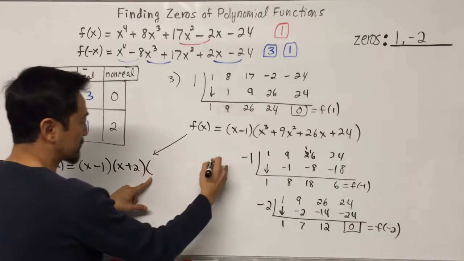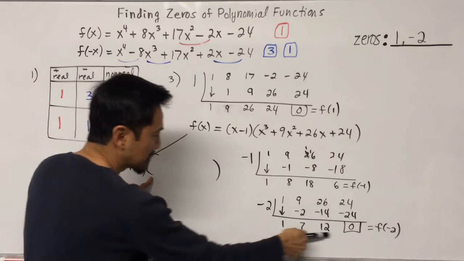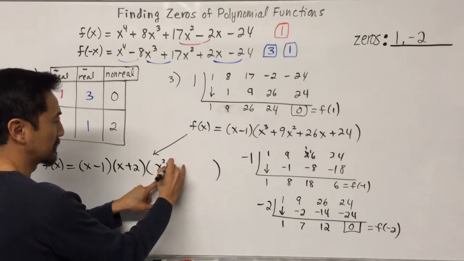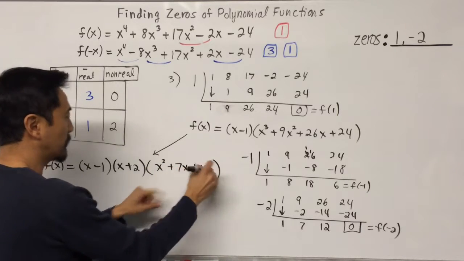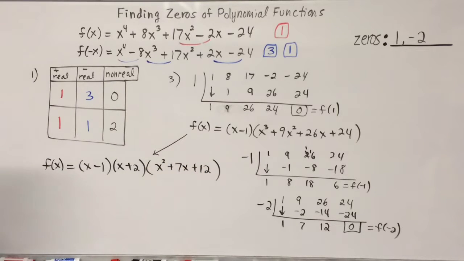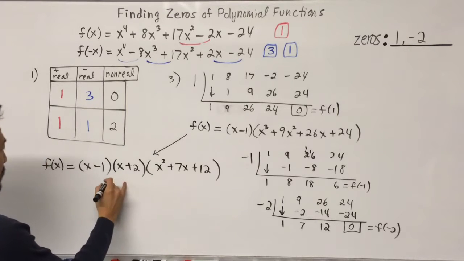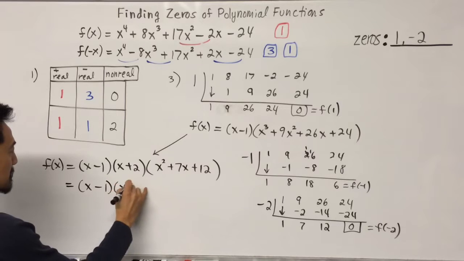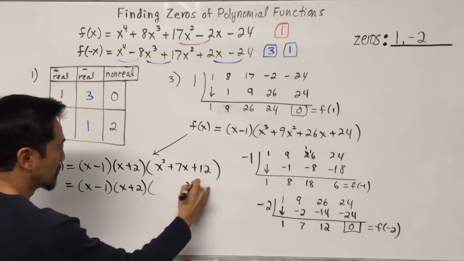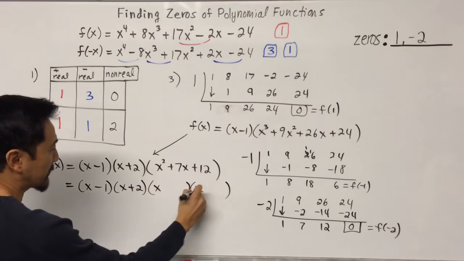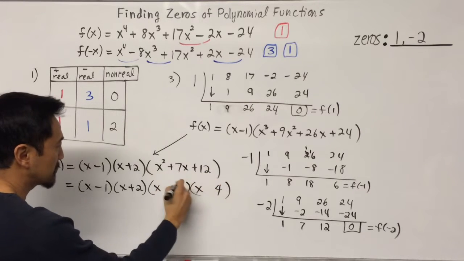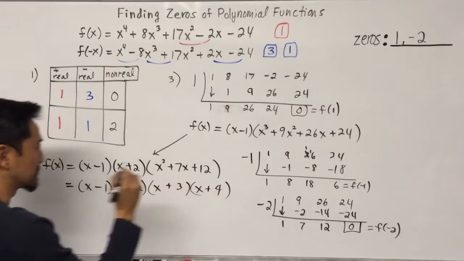And then the other factor is going to be this second degree polynomial. So it's an x squared plus 7x plus 12. And now we can factor that second degree polynomial. Good old-fashioned factoring. What are the factors of 12 that'll add up to 7? Well, 4 and 3, and they're both positive.